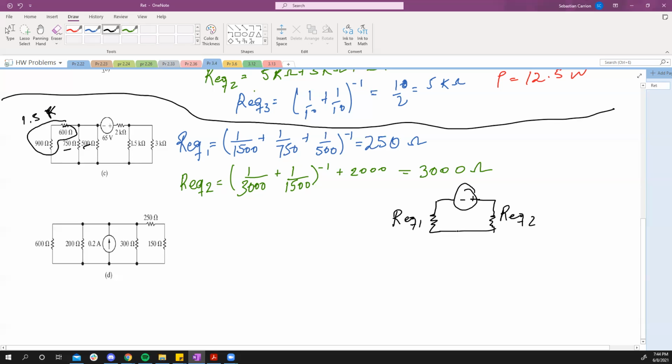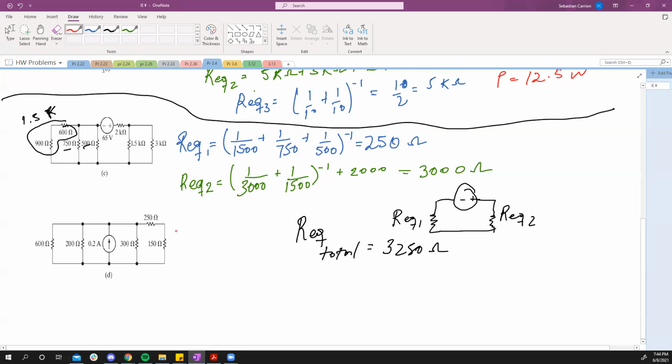So, right, they only share one node. So they're in series. So 250 plus 3000, our total equivalent resistance is 3250 ohms.